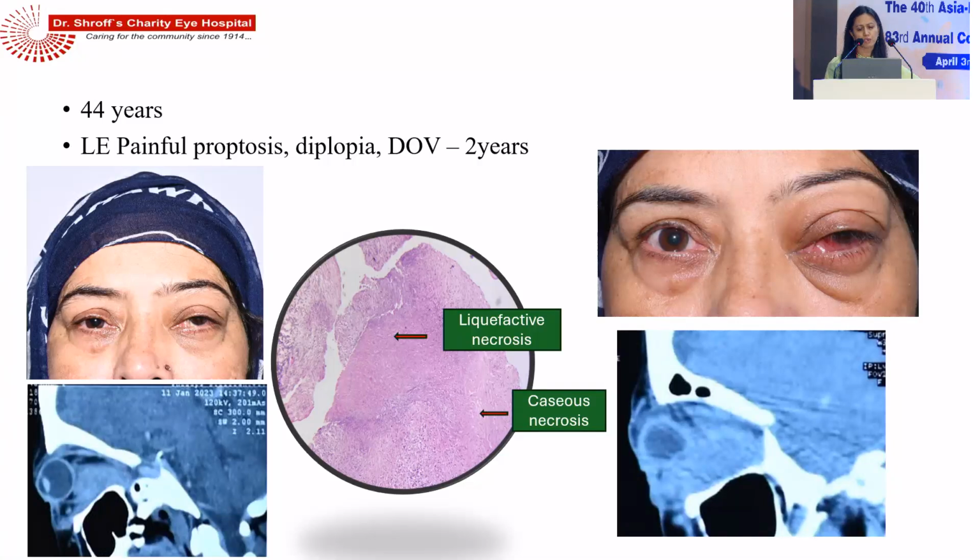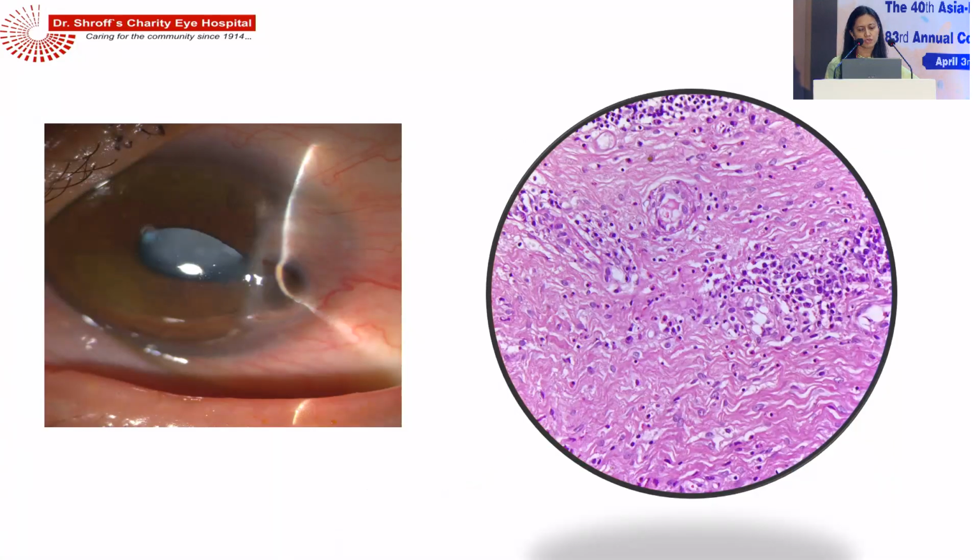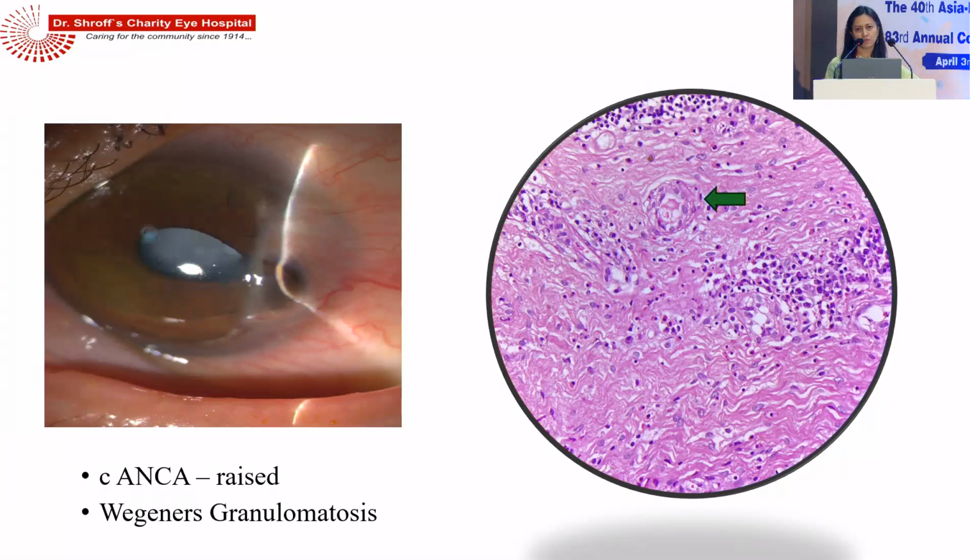Biopsy showed liquefactive necrosis with areas of caseous necrosis. She eventually developed limbal thinning and corneal thinning. So this was basically an autoimmune disease with a lot of inflammation with necrosis, and her cANCA was raised. Biopsy showed evidence of necrotizing inflammation, small vessel vasculitis, and we know the diagnosis.